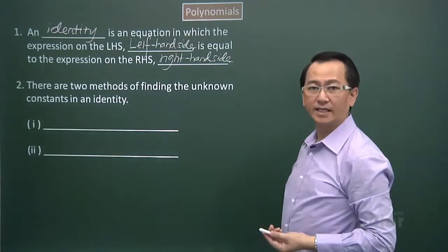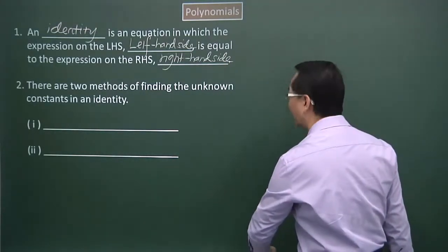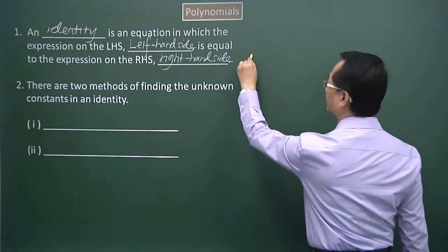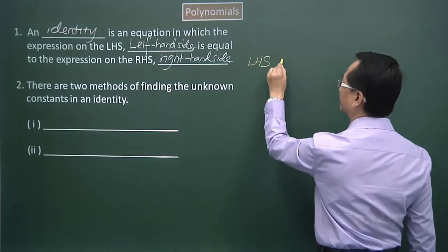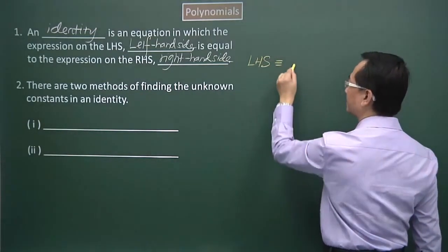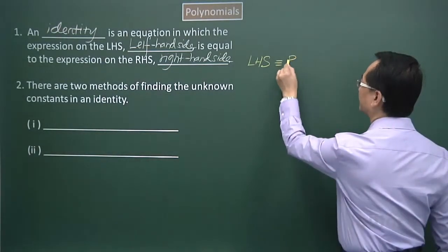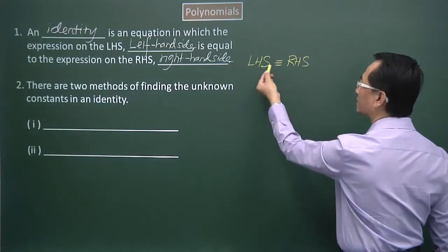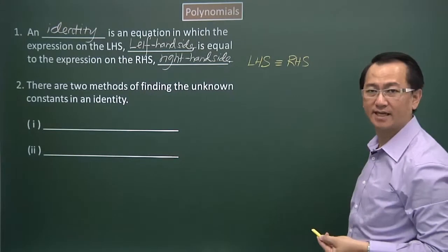So basically, an identity would also have the expression on the left hand side, and this symbol is for congruency. So this is how we read it. The expression on the left hand side is congruent to the expression on the right hand side.